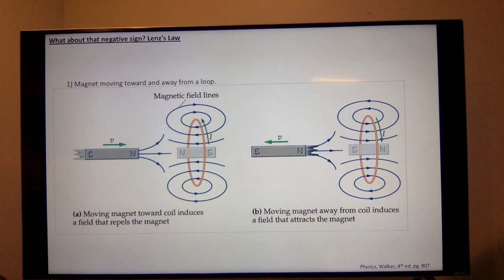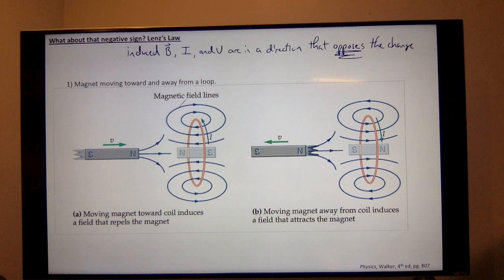We can say that the induced magnetic field, current, and voltage are in a direction that opposes the change in magnetic flux.